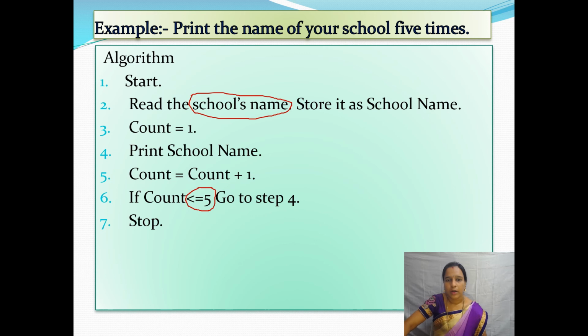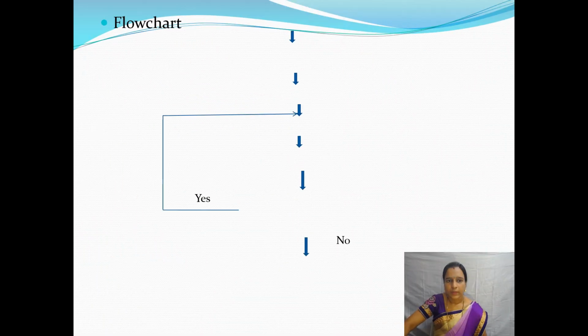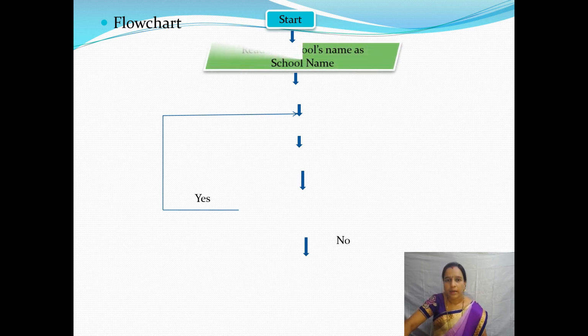First we should write the algorithm. Then we will see the flowchart. Start. This is the start symbol. Then in the input box, we give: read the school name as school name. Then in the process box, count equals 1.